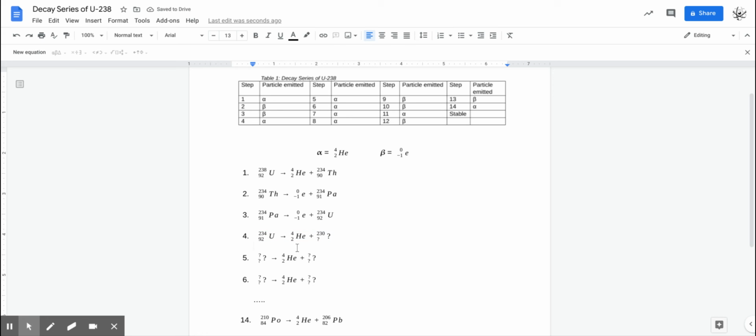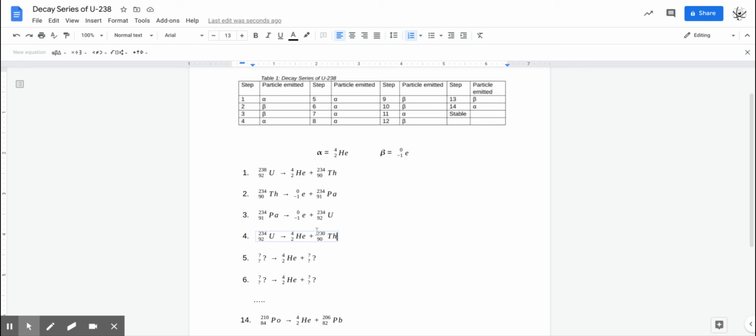To solve for my daughter's atomic number, I'm going to do 92 minus 2, which gives me atomic number 90. And from my periodic table, I know that element number 90 is thorium with the symbol TH. So my daughter atom at the end of step 4 is thorium-230.